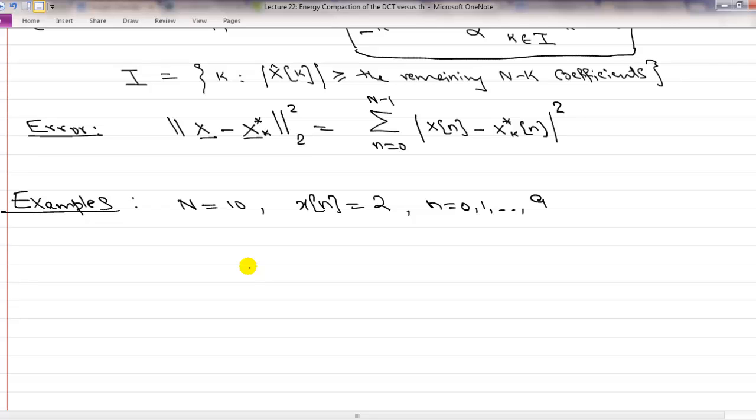Now, if you look at this signal, it's itself non-zero. It's a constant signal. It remains from 0 up to 9. It takes the value 2. Now, let's assume that U is the discrete Fourier transform. So U corresponds to the DFT matrix.